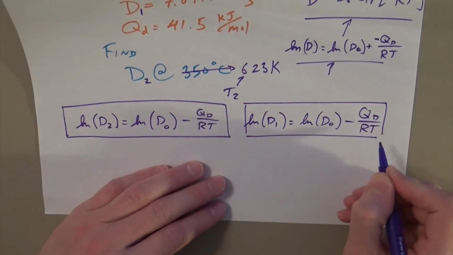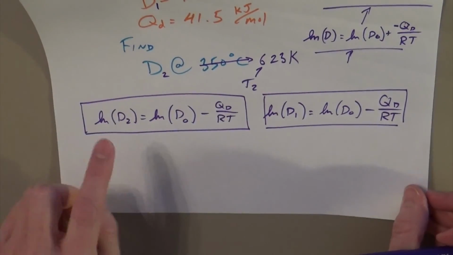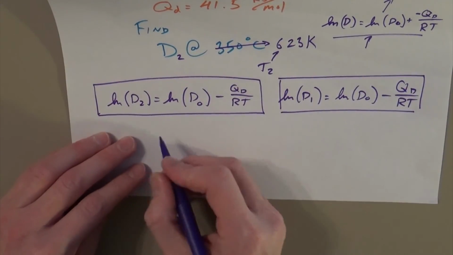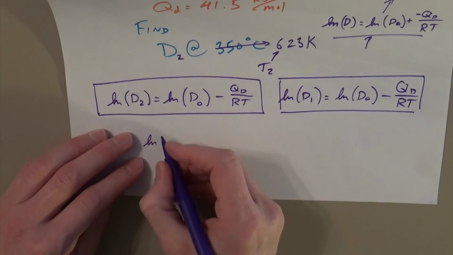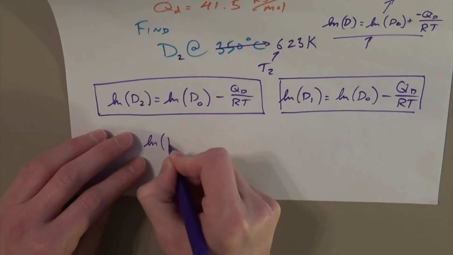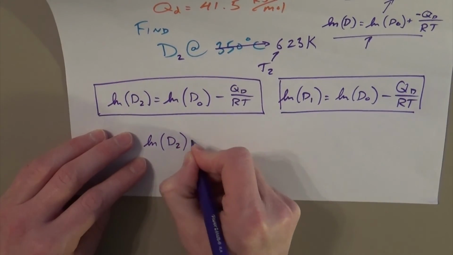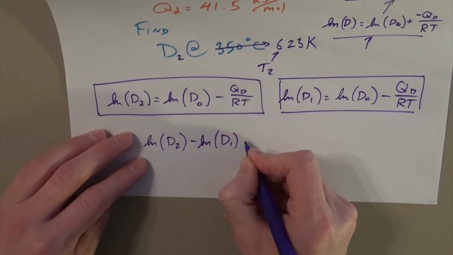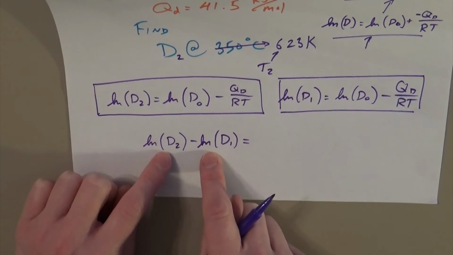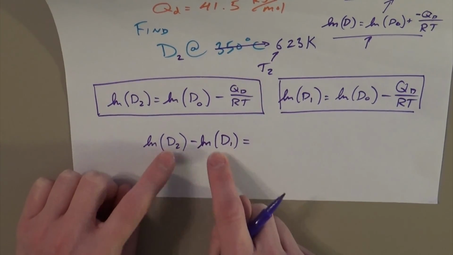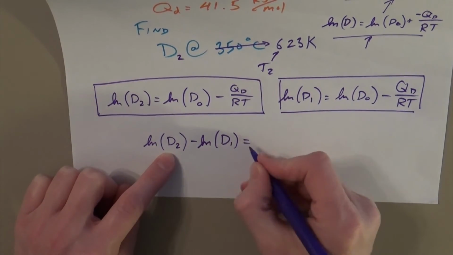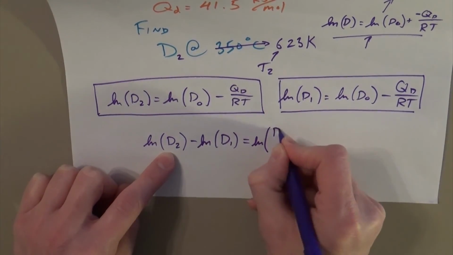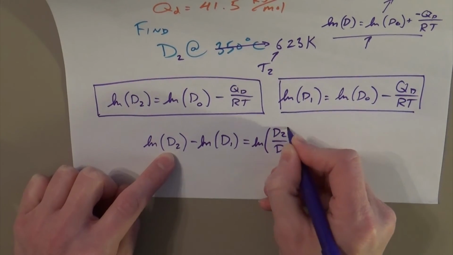And that's the second. So let's take the first minus the second, and that will give us the natural log of D2 minus the natural log of D1, and taking the difference of two logs is the same as taking the natural log of the fraction D2 over D1.